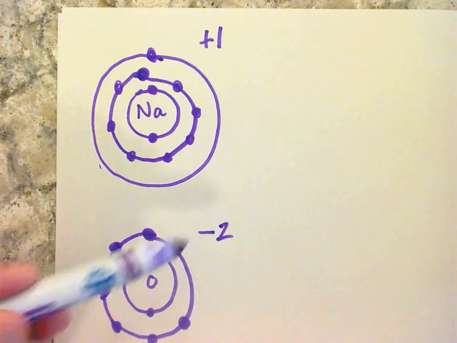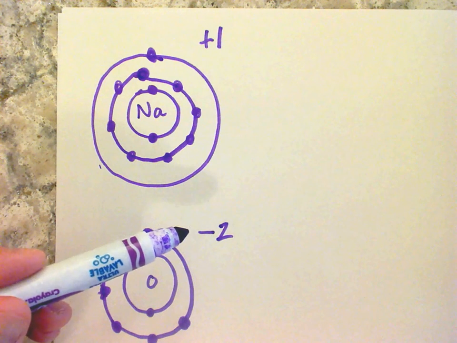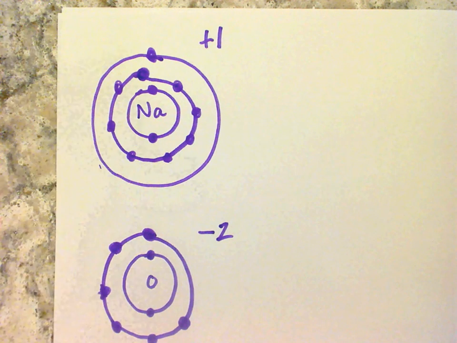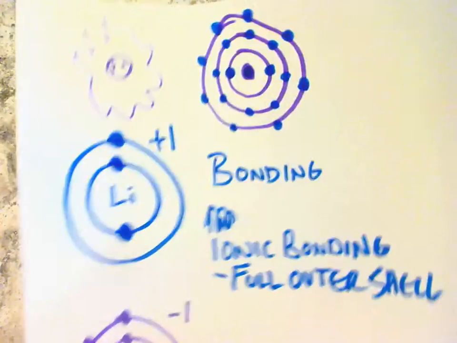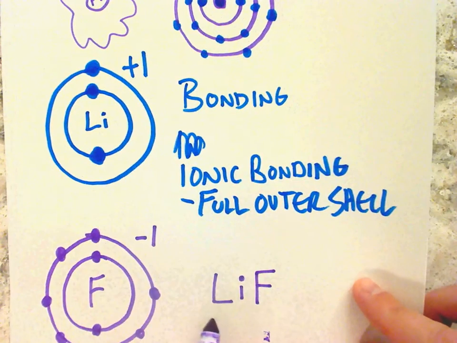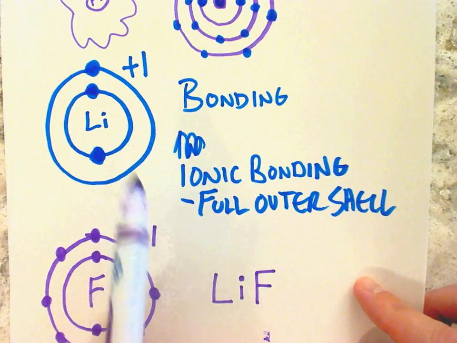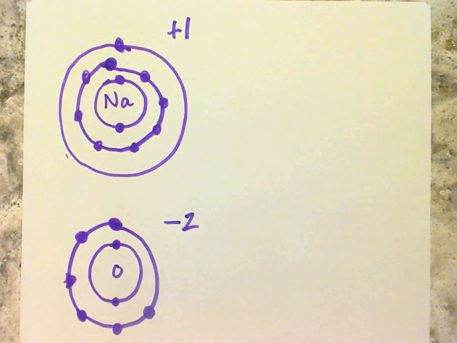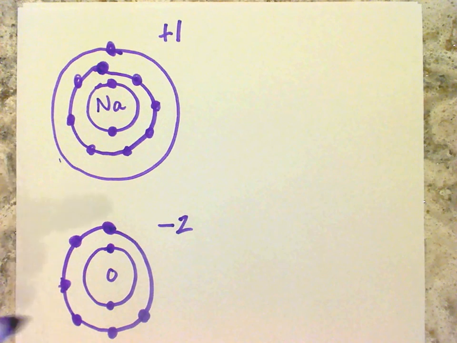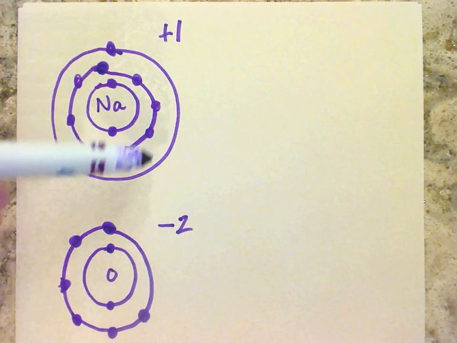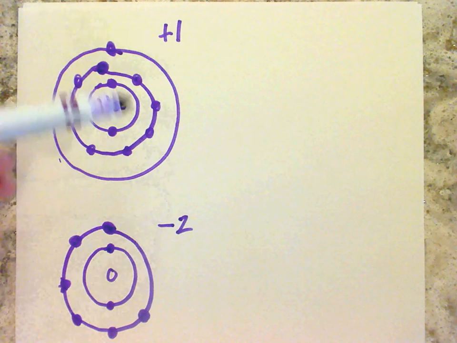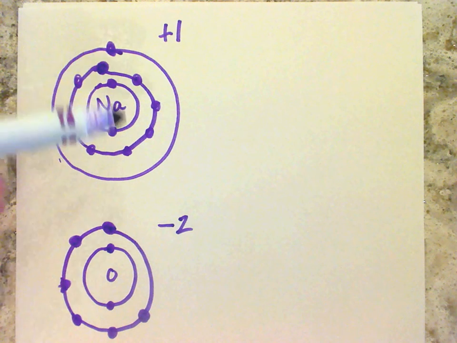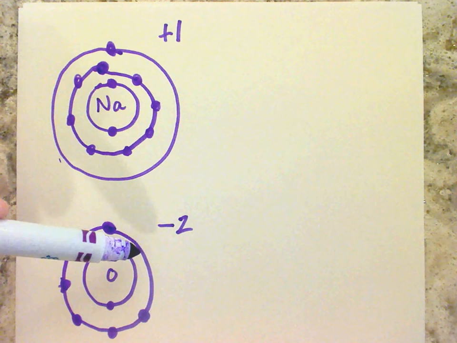So we can't just put them together like we did here and get them to balance, because here we had a +1 and a -1, and we just had one of each and things balanced out perfectly. Here it's slightly more complicated, because a +1 is not going to cancel out a -2. In other words, we can't just send this one electron down here and get this thing to be happy, because then oxygen still doesn't have a full outer shell.